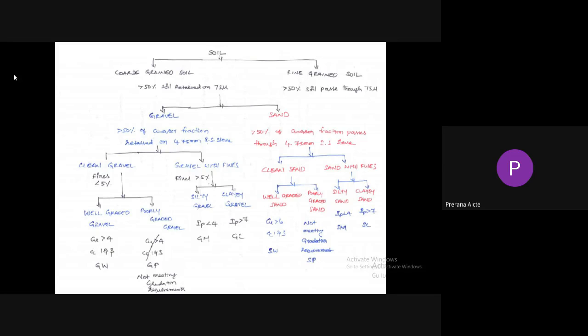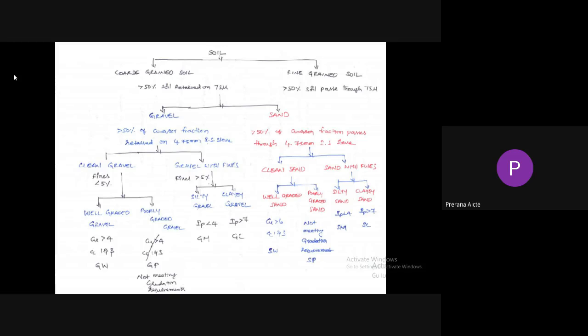Actually, the Indian soil classification is derived from the Unified Soil Classification System, because the Indian soil classification system is similar to the Unified Soil Classification System. The classification of coarse grained soil in the Indian soil classification system as well as in the Unified Soil Classification System is the same.